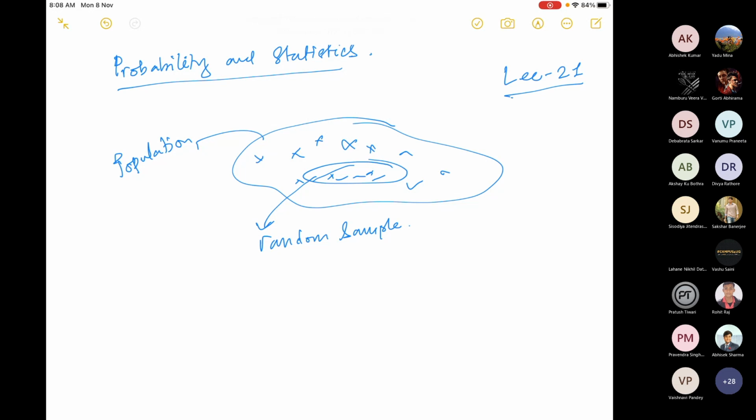Now the question is how the random sample is produced. That's a separate issue which we are not discussing here. But if the random sample is given to us, then the question is how to make certain statements about the population from the random sample.